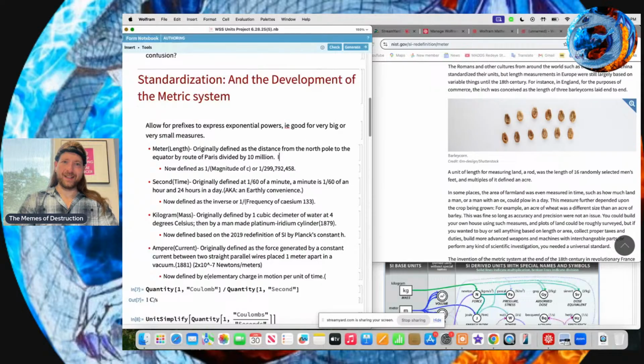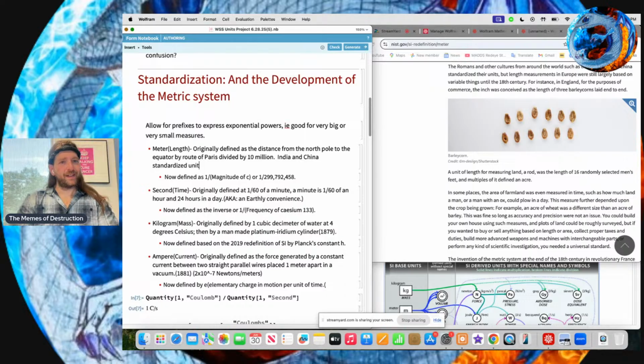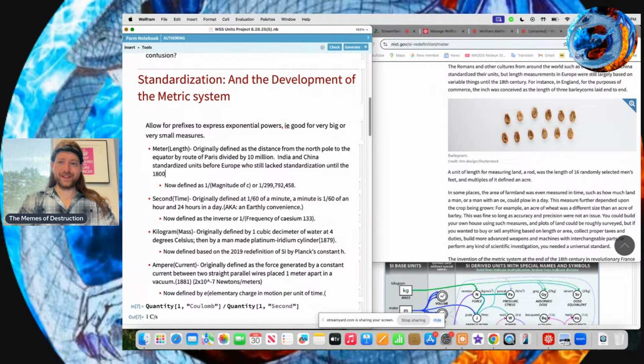India and China standardized units before Europe, which still lacked standardization until the 1800s.